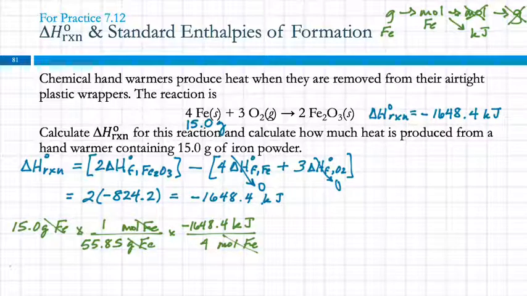So I've got 15 divided by 55.85 times negative 1648.4 divided by 4 equals minus 110.68 kilojoules. 3 sig figs, minus 111 kilojoules.